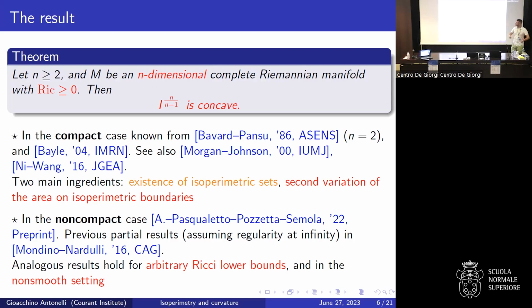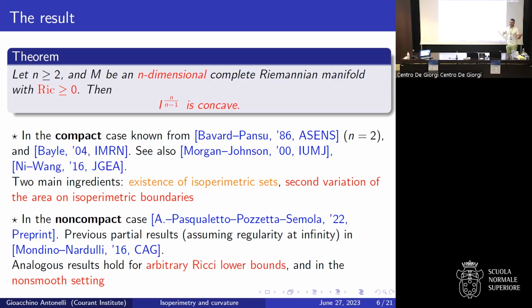It appeared in several works, notably by Morgan and Johnson and Ni and Wang, and before that, Bayle had proved it in the general compact case with arbitrary Ricci lower bounds. The compactness hypothesis is strongly used in all of these proofs because it leads to the existence of isoperimetric sets, okay?